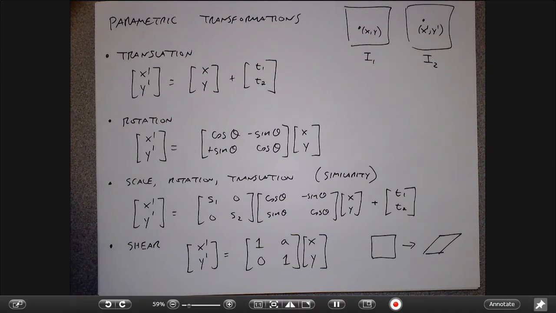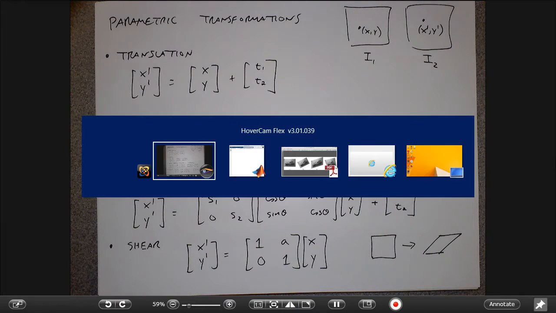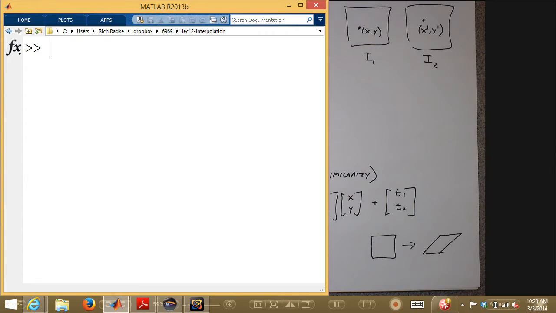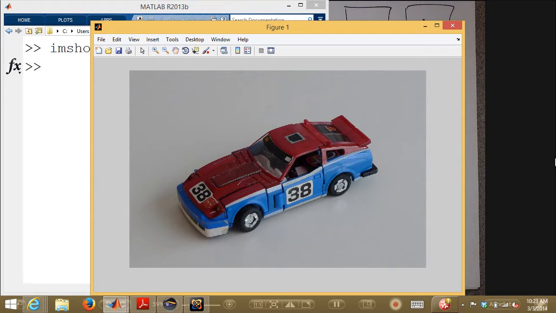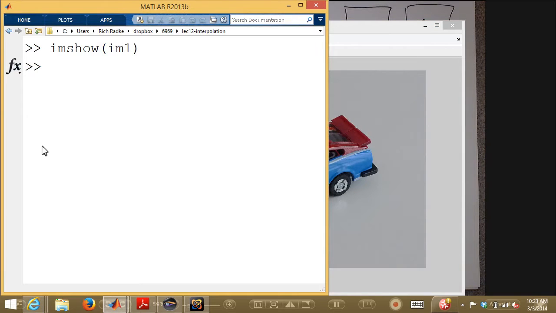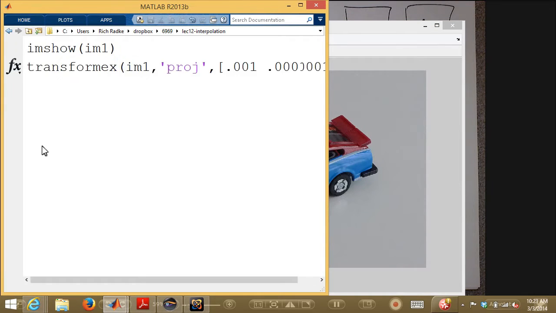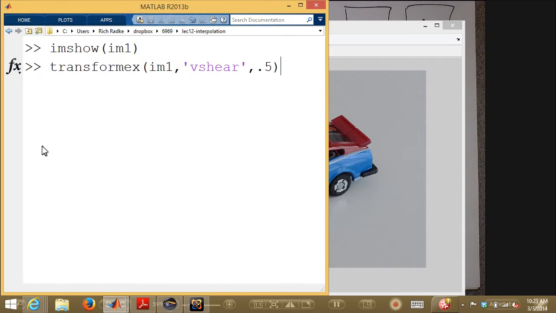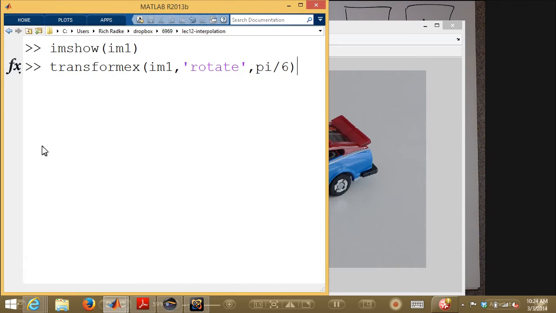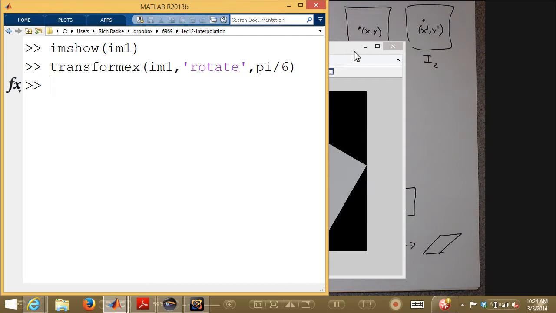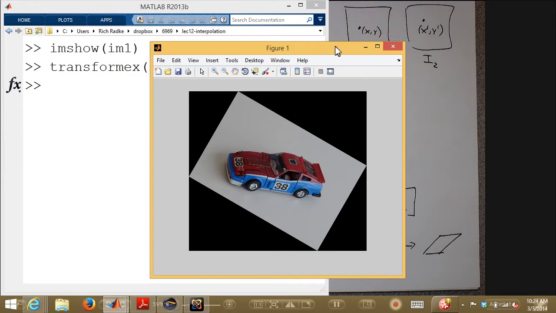MATLAB will happily help you view all these transformations. So here's an example of an image, and I made a little transformation example. I can take the image and rotate it by pi over 6. When I do that, I map all the image coordinates to some new position, and I have a rotated image.